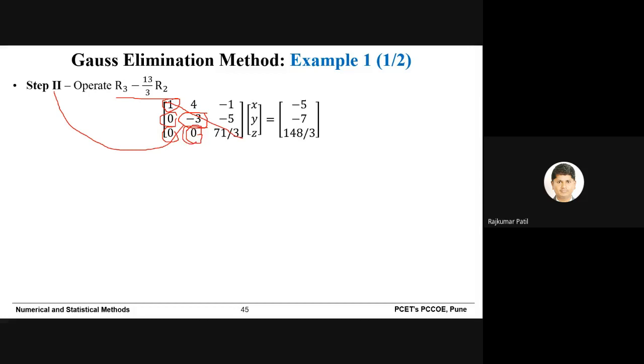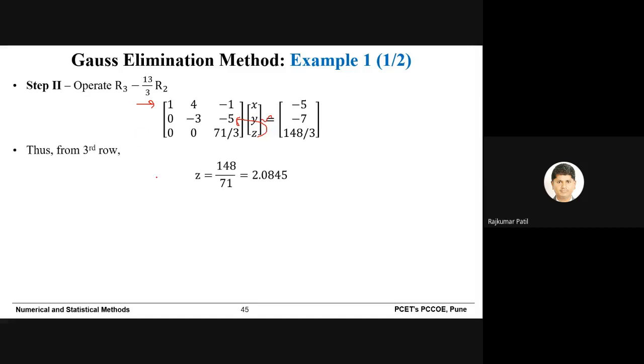Once we do that, using the last row we can calculate the value of z, then put this value of z in the second row and calculate the value of y, and finally put the values of y and z in the first row to calculate the value of x.